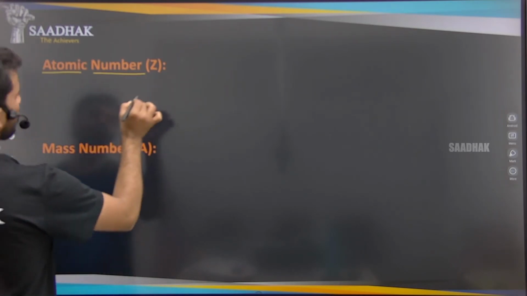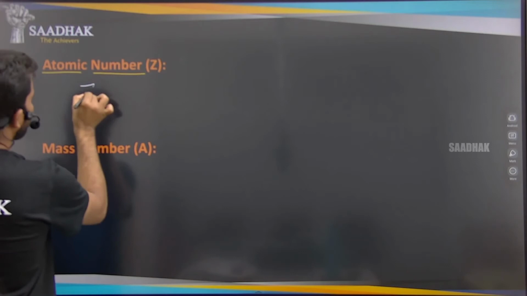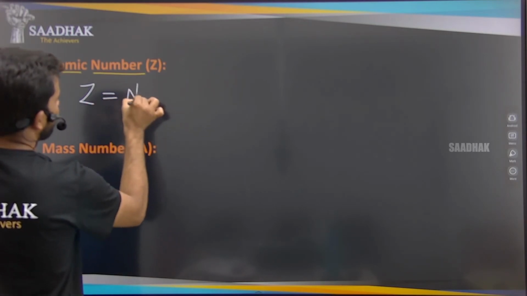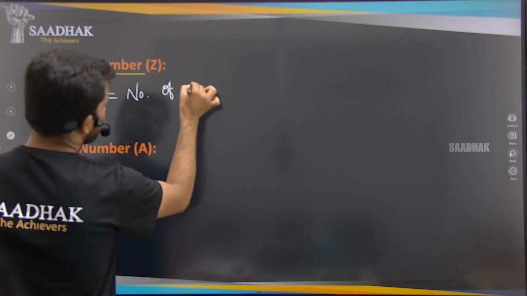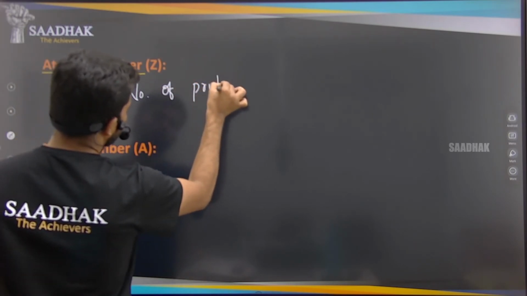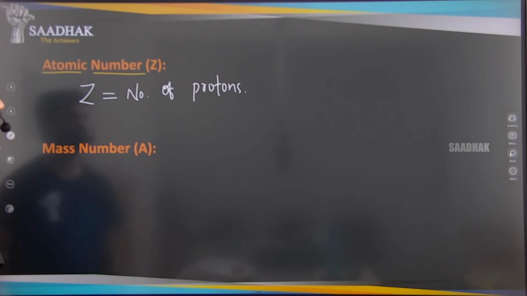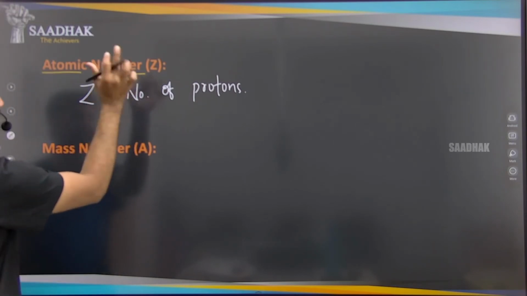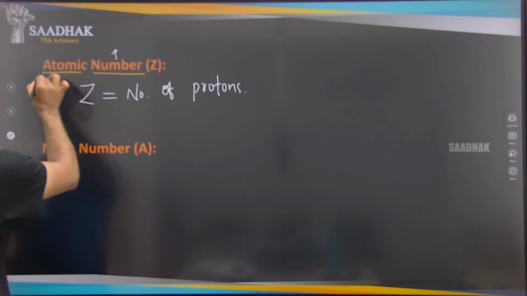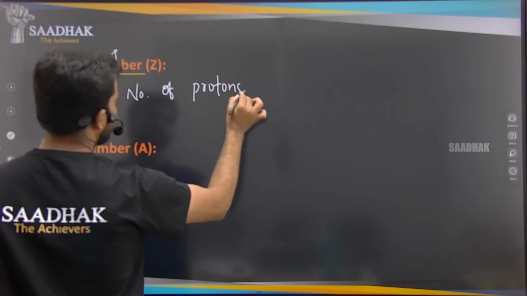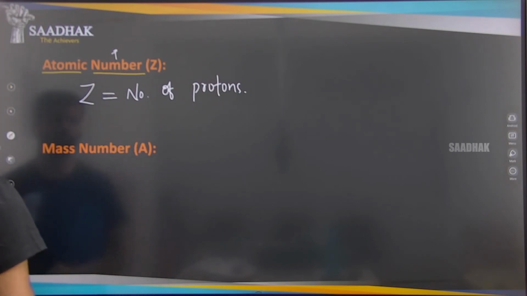So what is that atomic number Z? Atomic number Z is nothing but the number of protons in an atom. So how many protons are there, that is the atomic number. Okay, simple.